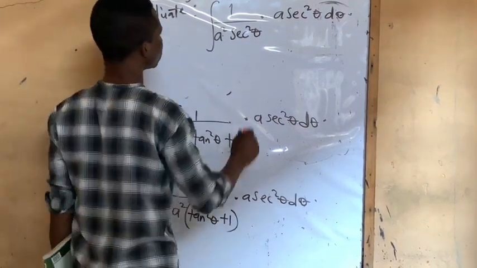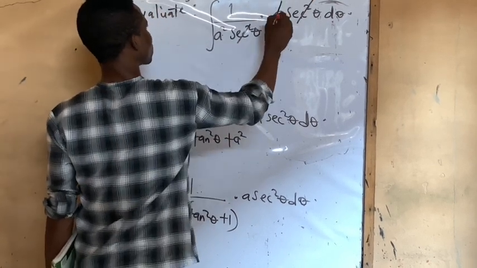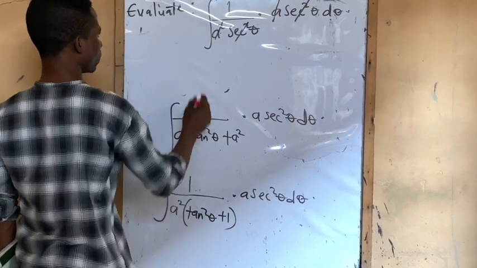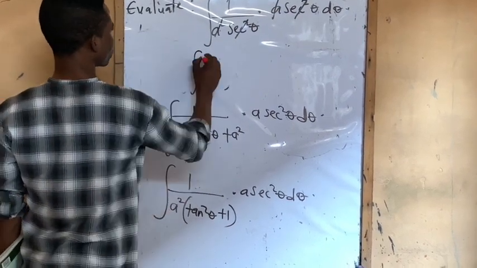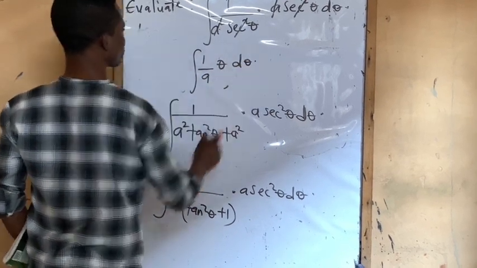So this cancels this automatically, and this cancels this, but it remains 1 over a, because this is a, this is a squared. That means we are having 1 all over a theta d theta.